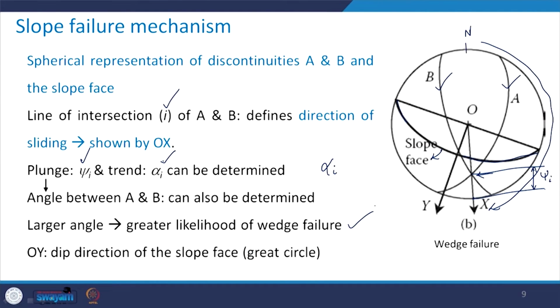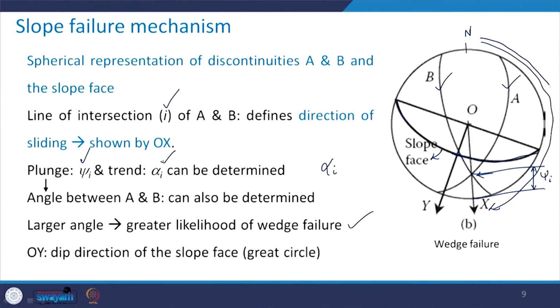Now, look at the slope face, and here is its maximum curvature. If we try to draw a radial line through this maximum curvature, that is going to give me the dip direction of the slope face. So, how will I determine it?